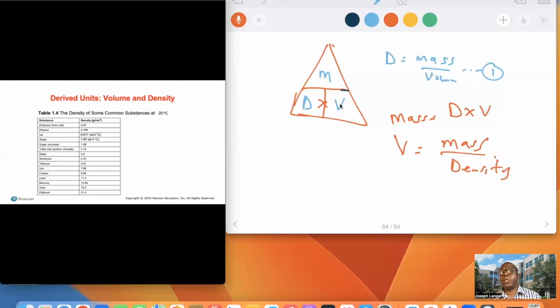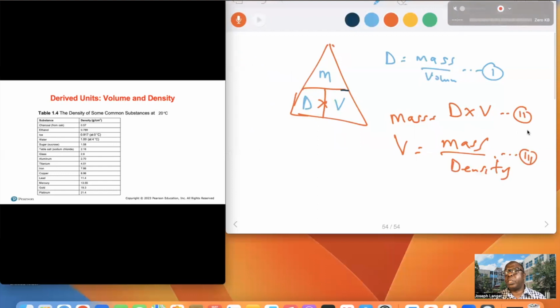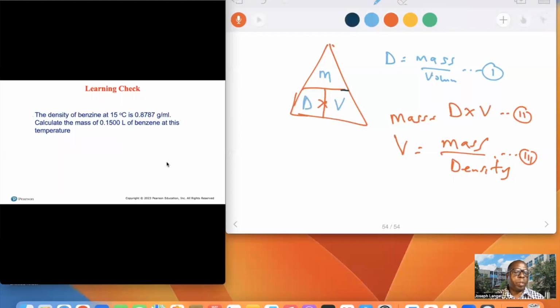One thing you need to take note of is you should always pay attention to the units. So here is equation 2. This is equation 3. By rearranging the main equation here, I can come up with two additional equations. So it's not always true that you'll be asked to find the density of a known substance. You should be able to derive the other equations so that you answer the question appropriately.